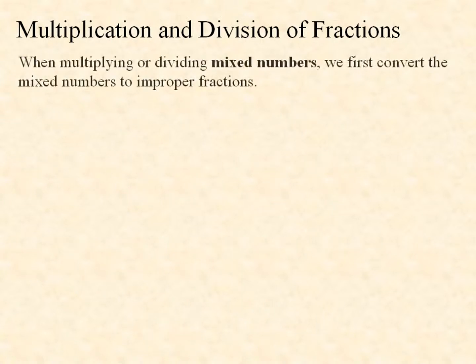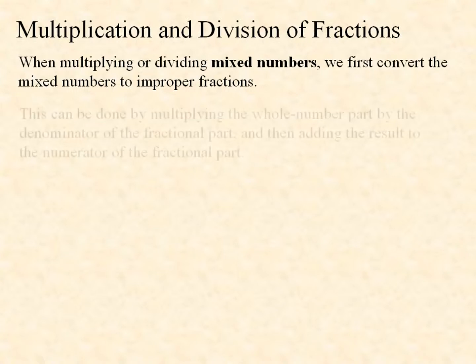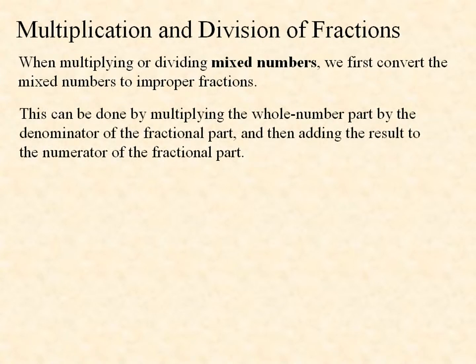When multiplying or dividing mixed numbers, we must first convert the mixed numbers to improper fractions. This can be done by multiplying the whole number part by the denominator of the fractional part, and then adding the result to the numerator of the fractional part.